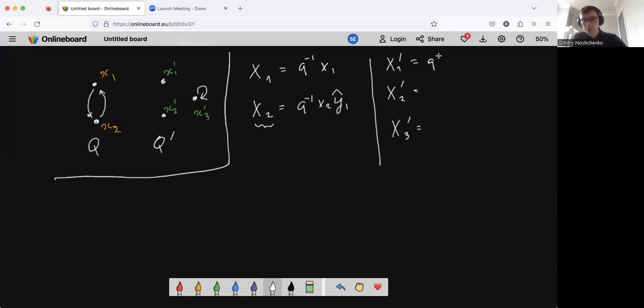So this is q inverse x1 prime, q inverse x2 prime, minus x3 prime y3 prime. Here again, we don't have any operators for the first two, since we don't have any loops; these nodes are completely disconnected. But here y3 appears since it is a loop here.